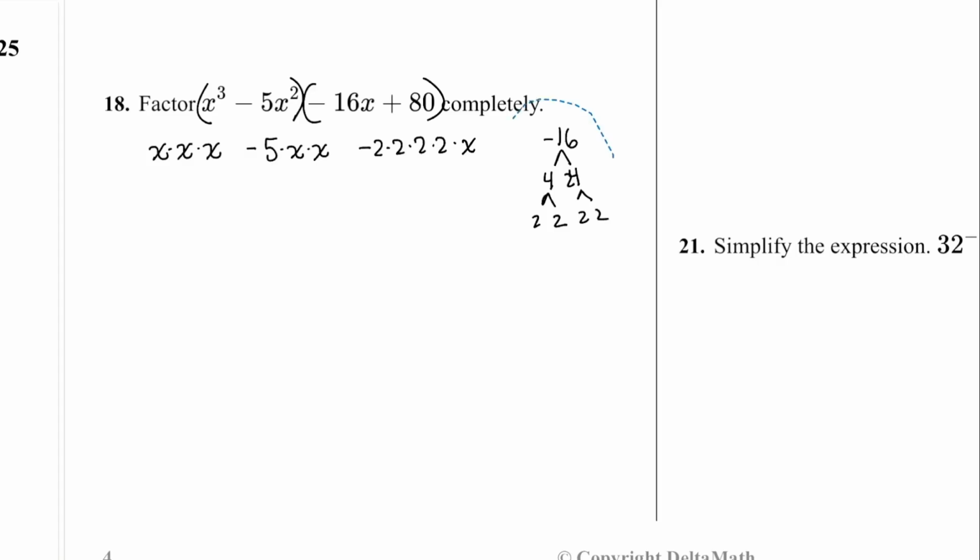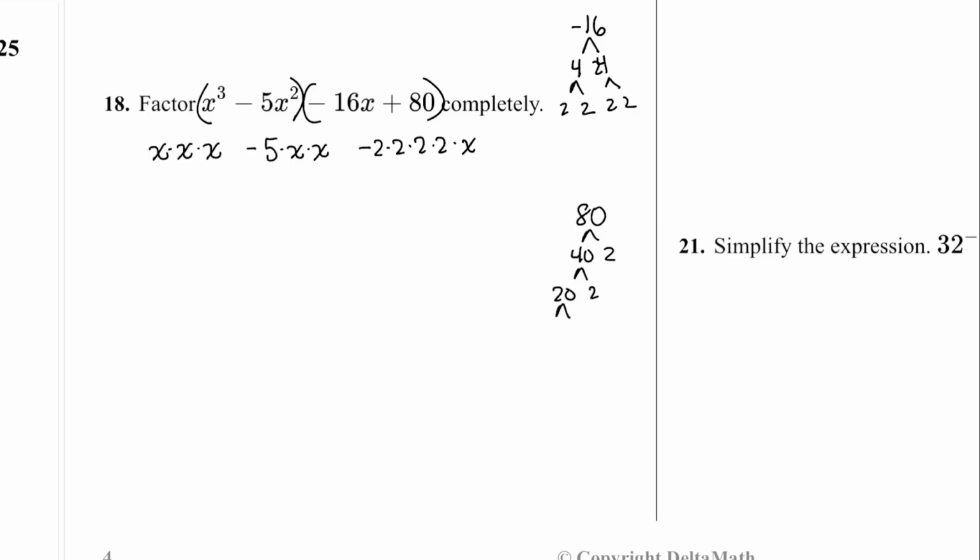And then we have our 80 that we can also break down into 40 and 2, 2 and 20, 2 and 10, and 2 and 5. So we're going to have 4 2's times 5. The way that we see what to take out is by going through and seeing what each of them have in common.